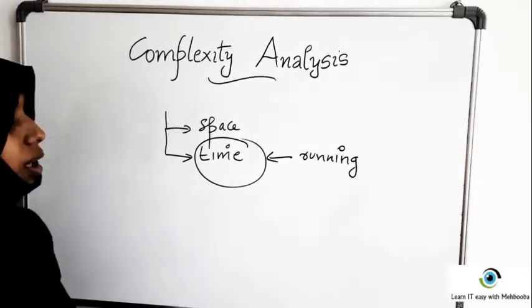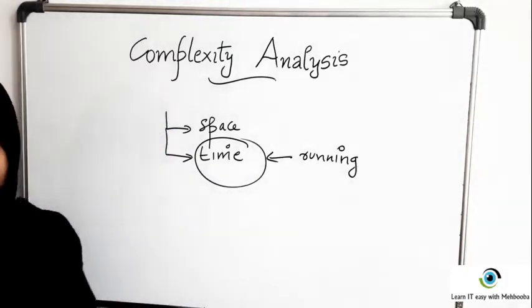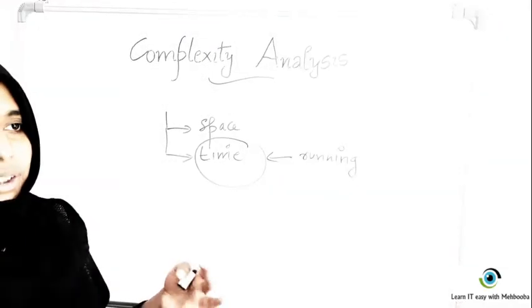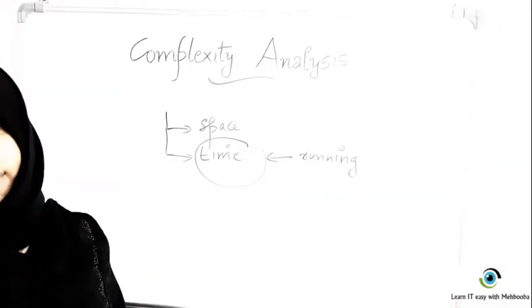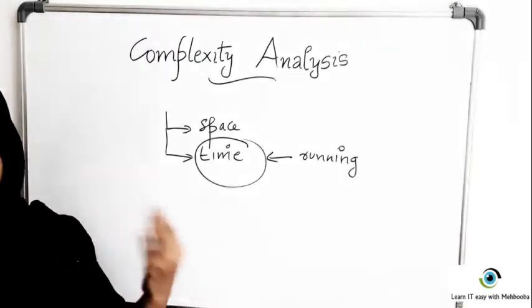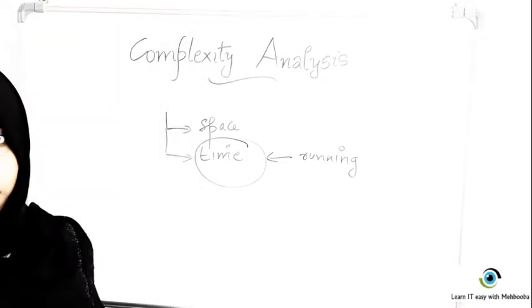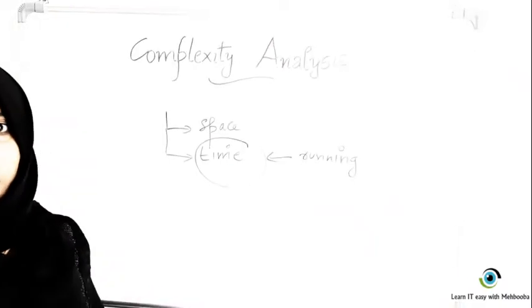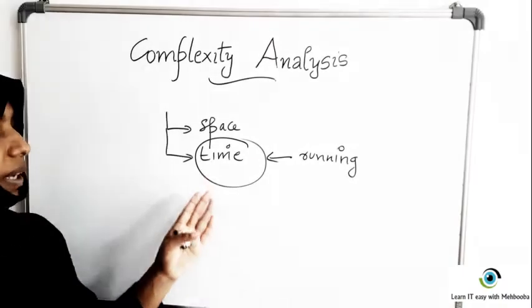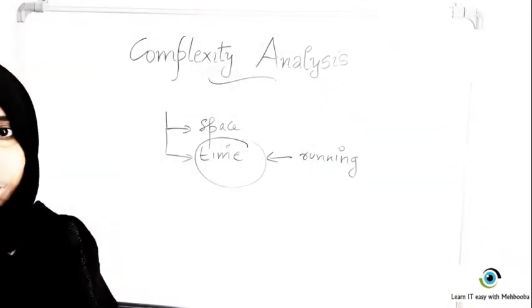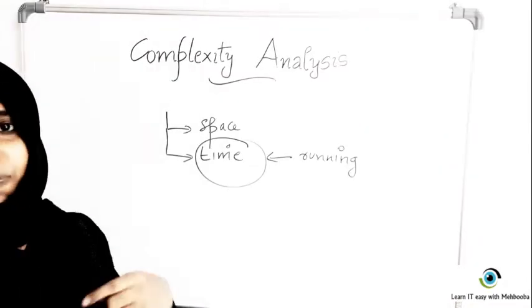Okay, again, what's the use of complexity analysis? For example, for the same application, such as summarizing a particular text, assume that we have several algorithms. We have to analyze which algorithm is the best among them, isn't it? So one way to analyze the algorithm is by considering their time complexity, that is, which algorithm is giving you the correct results faster.